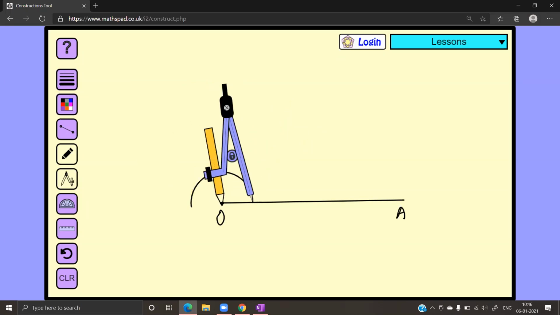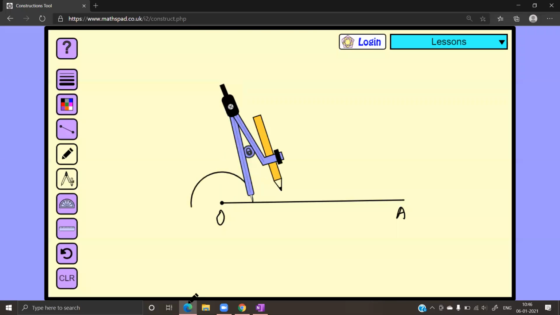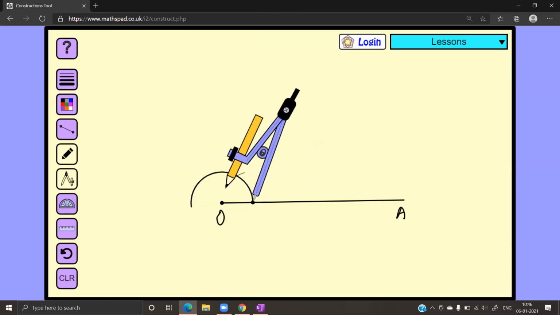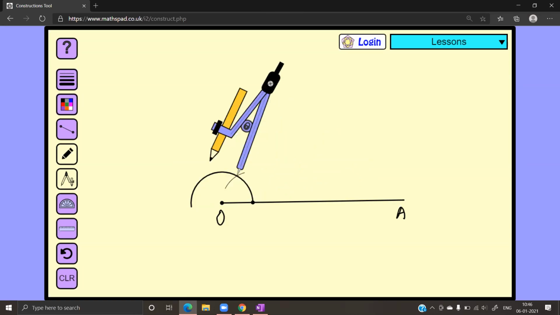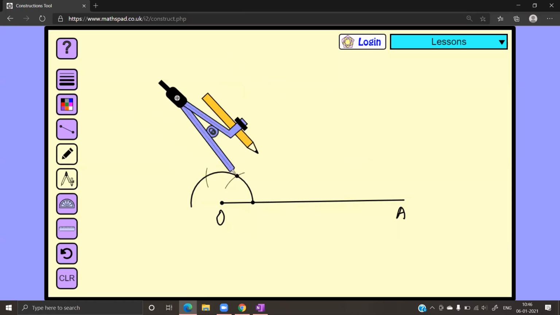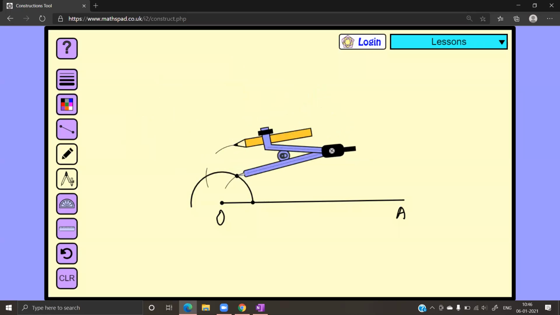Bring your compass onto the point which indicates 0 degrees. Obtain 60, 120, and then 90. This is 60. Then I have 120. Bisecting the angle between these two, I will obtain 90 degrees.